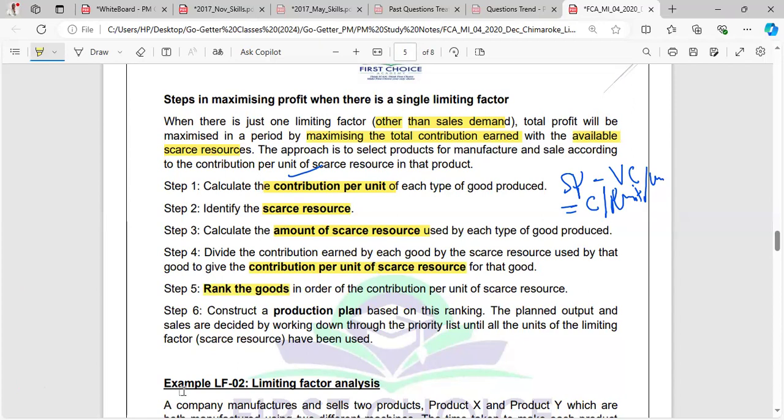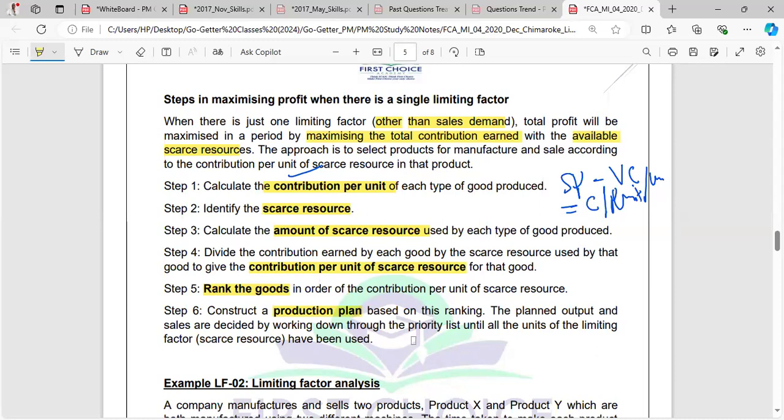Then step 6 is you construct a production plan based on your ranking. Meaning that if you have cake and bread, and you rank your bread as number 1 and you rank your cake as number 2, you will need to produce and satisfy the bread market first before you satisfy the cake market.